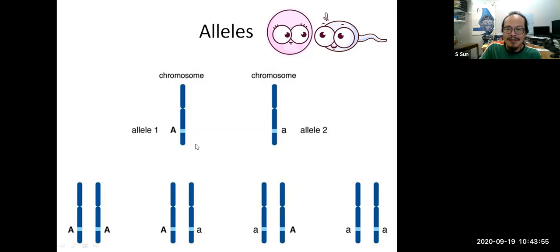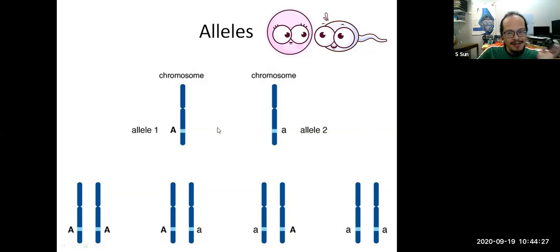In the plants that Gregor Mendel was looking into, there are basically two types, tall or short. Capital A represents the tall one, and small a represents the short one. They are all alleles of the same gene.